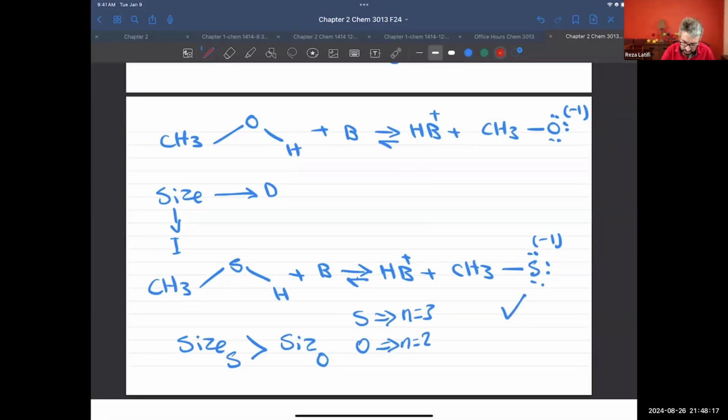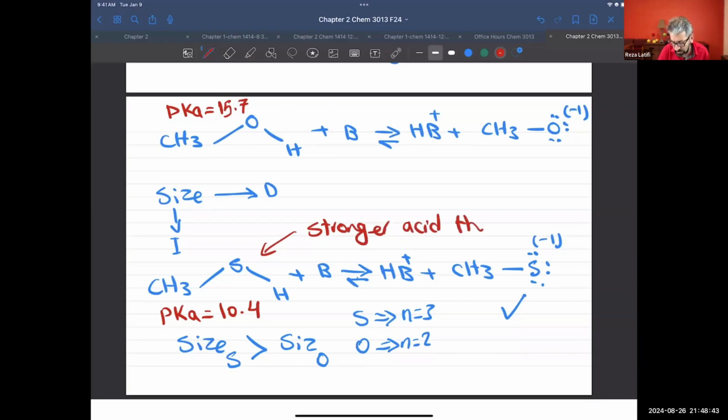So this is going to be a stronger acid, and the pKa for it is around 10.4, while the pKa for the top one is around 15.17. So this is a stronger acid than CH3OH, or methanol.